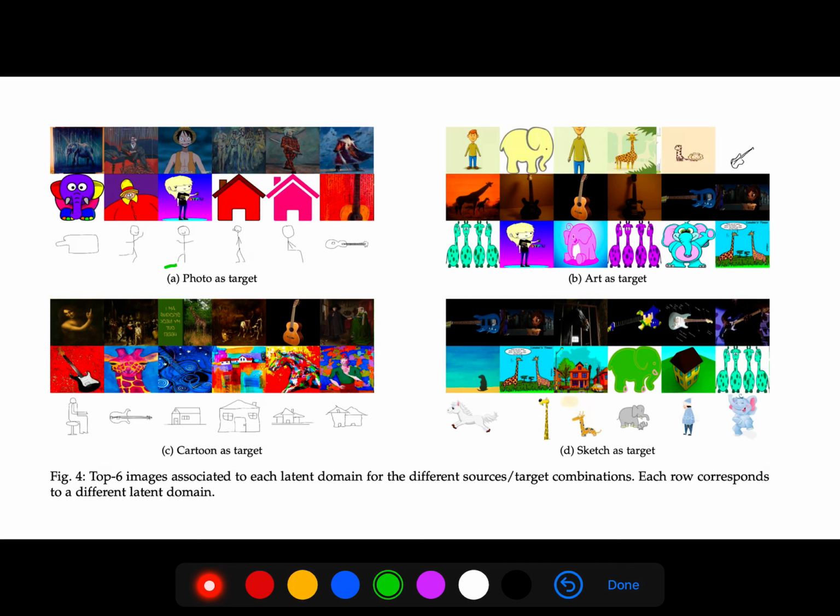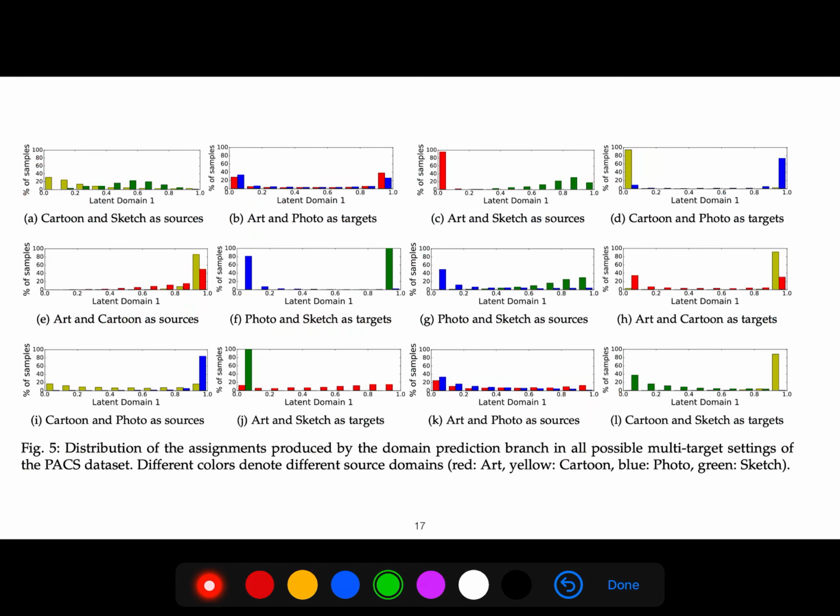So for example, you can take photo as a target, or a cartoon as a target, or art, or sketch. Any of these could be a source domain, or you could choose, for example, three of them as source domains, and the rest are the target domains. And you see the distribution of alignments produced by the domain prediction in all possible multi-target settings.